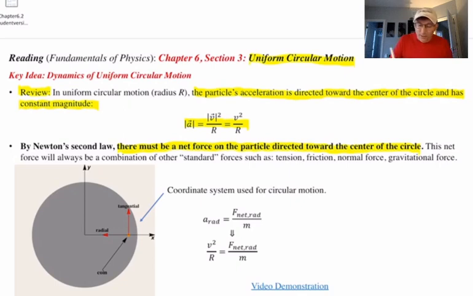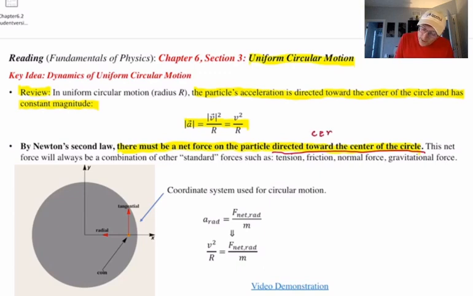Now, I'll mention this word again that came up in Chapter 4 when we studied uniform circular motion, and it had to do with this directed towards the center of the circle idea. Directed towards the center of the circle. Physicists often use a word when they're studying circular motion and they want to emphasize directed towards the center.